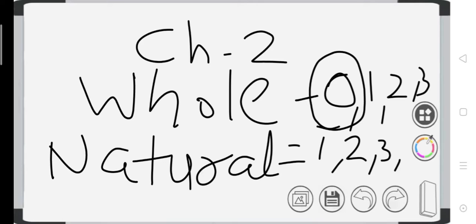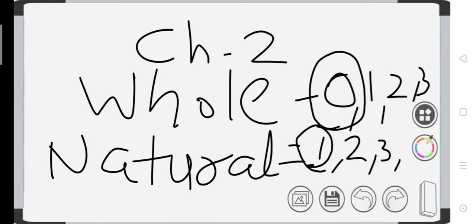So I hope these two types of numbers are clear: one is the whole number and the second is the natural number. One thing you should keep in mind: the smallest whole number is 0 and the smallest natural number is 1.